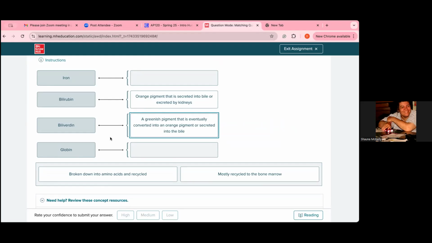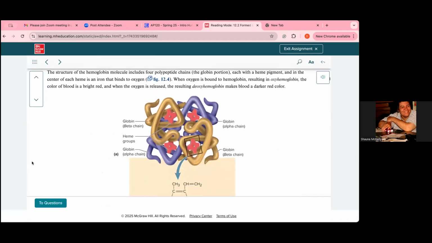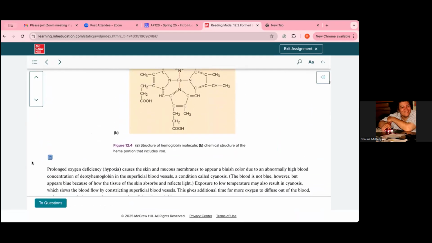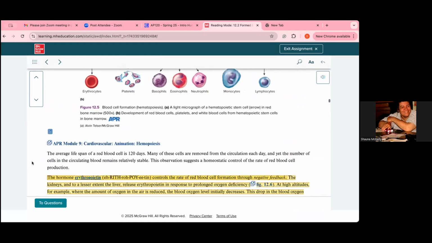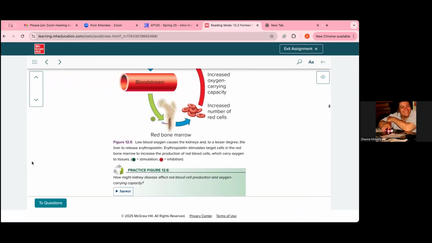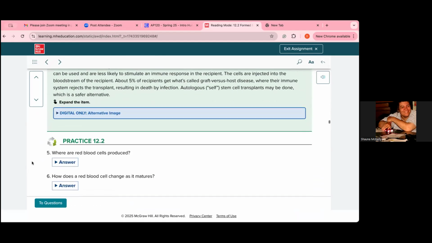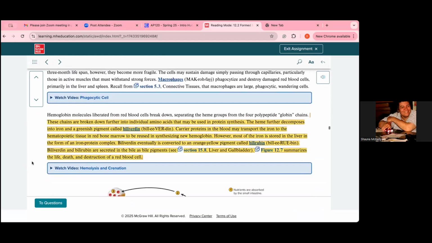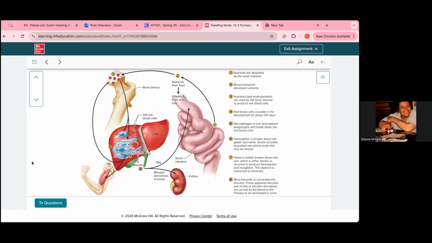So go back to the picture that we were reading. Okay, so it says hemoglobin. This is number 6.